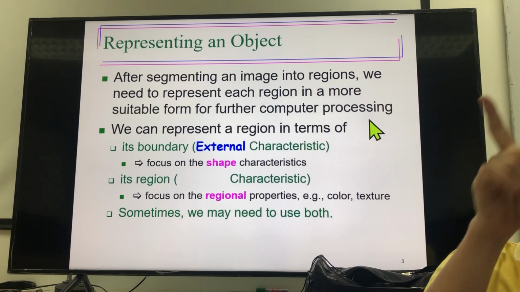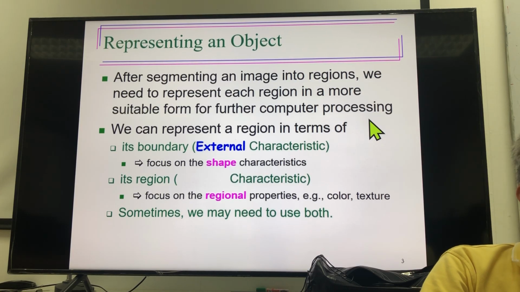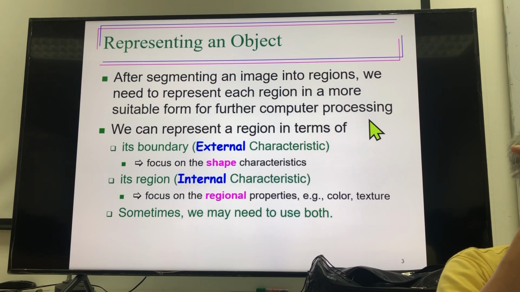The boundary of the object can be described focusing on its shape. However, another way to represent could be the region, or the internal characteristics. The regional properties, for example the colors and the textures, are the internal or region characteristics.